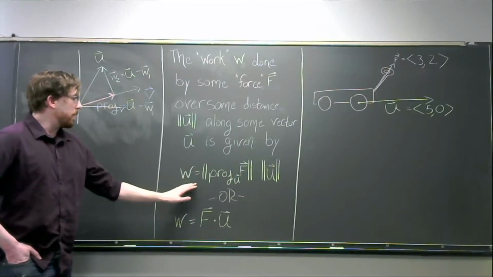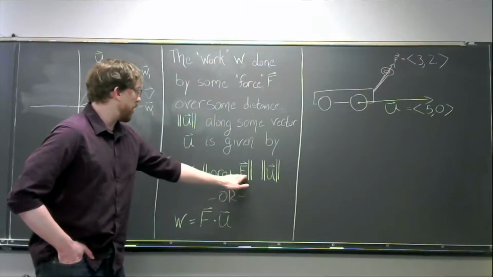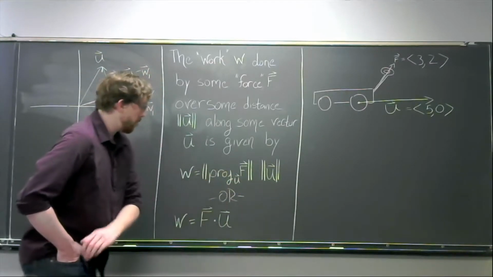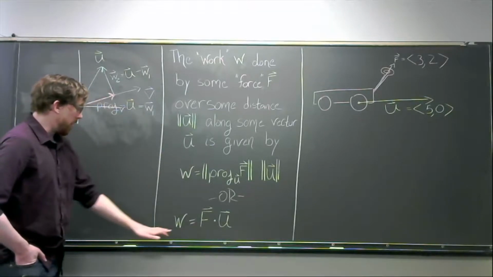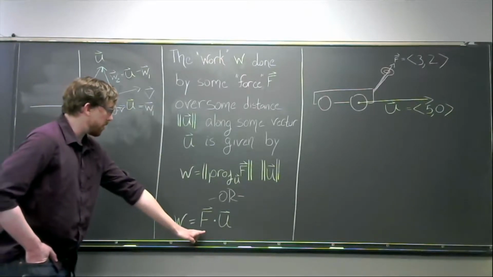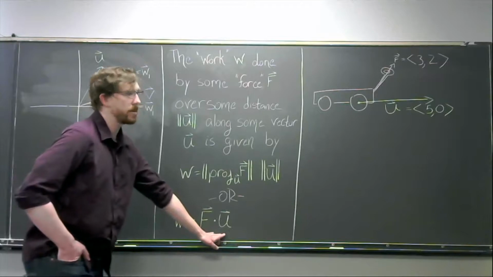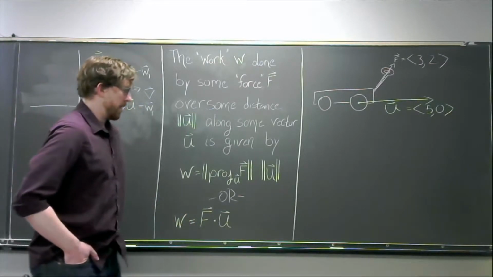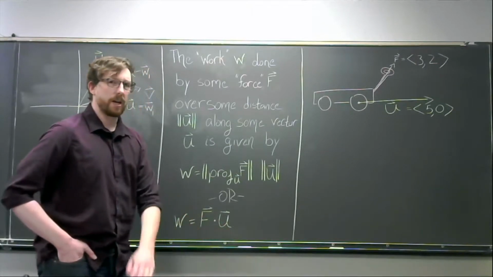Work is either the magnitude of the projection of F onto u times the magnitude of u, or you can calculate it with the dot product of force and the distance. Or force and the vector, I mean to say.